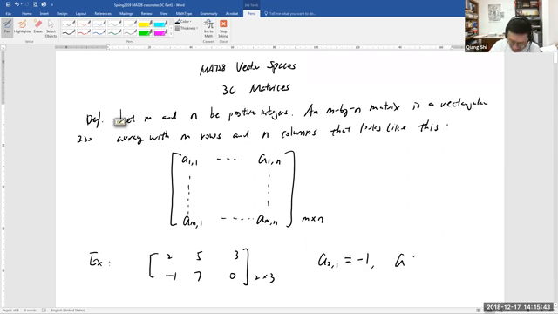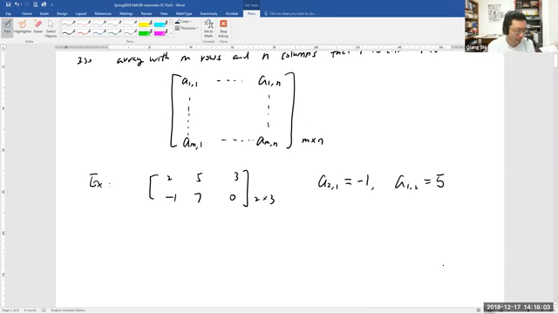If you find something like A12, that's the first row, second column, so that's 5. So using these two subscripts associated with each entry, we can identify the location, and then we can identify what that number is. For almost everyone, this should be a quick review of what a matrix is.